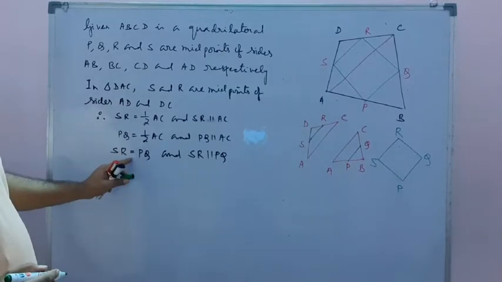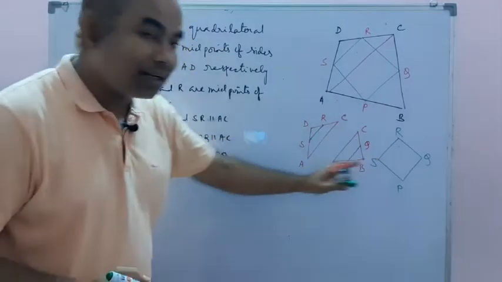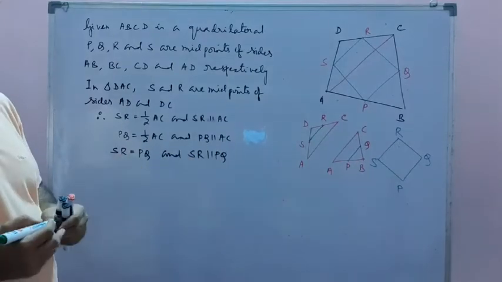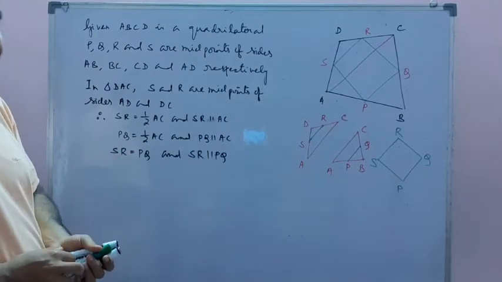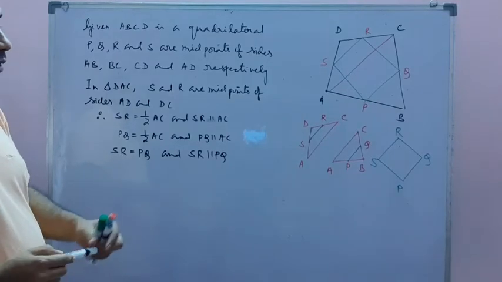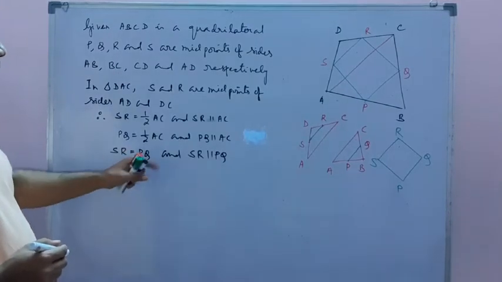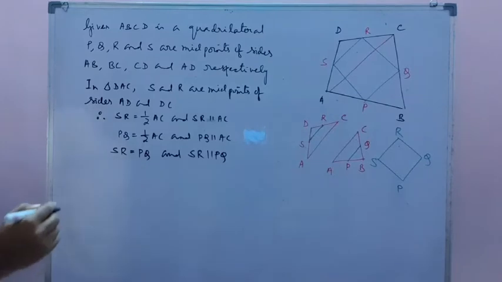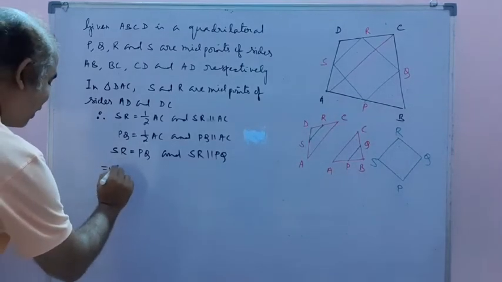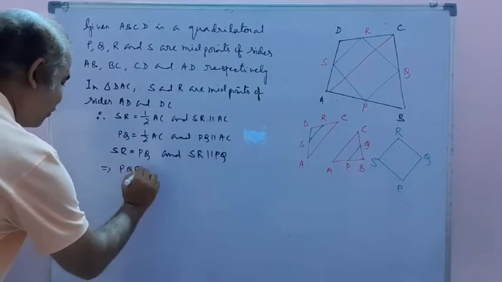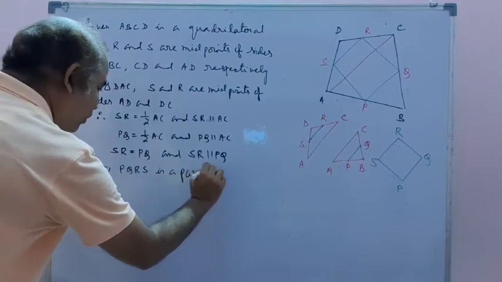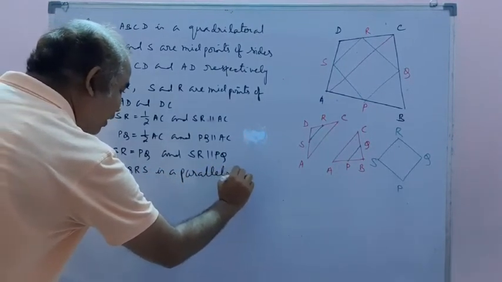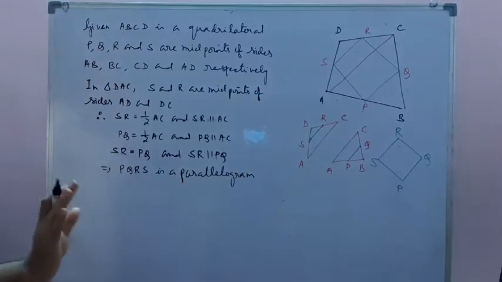So one pair of opposite sides are equal and parallel, and that is the condition for a quadrilateral to be called a parallelogram. So as in quadrilateral PQRS one pair of opposite sides is equal and parallel, we can say that PQRS is a parallelogram.